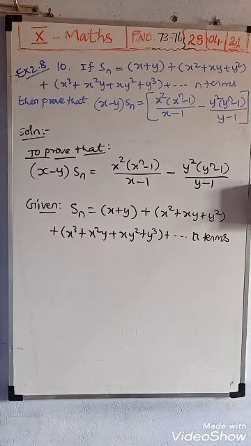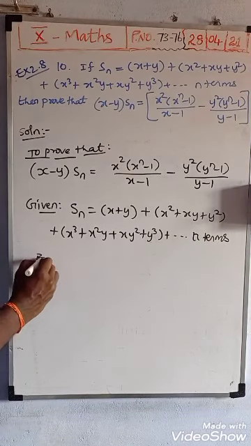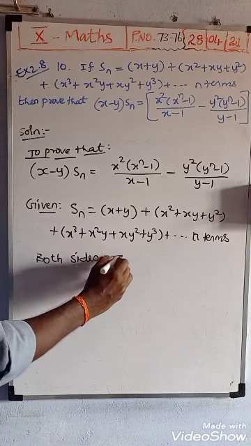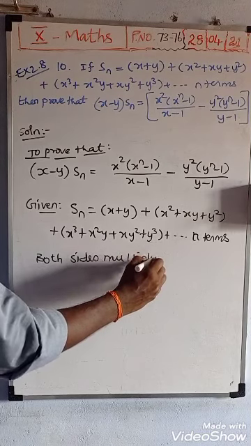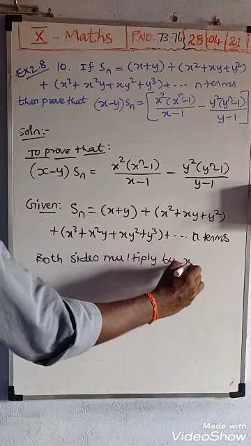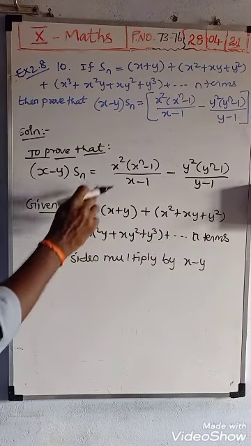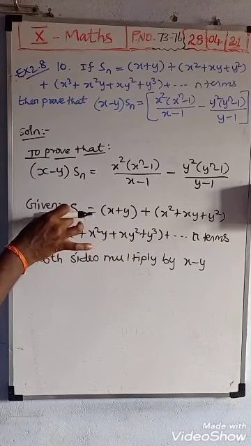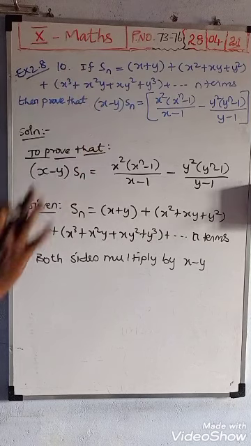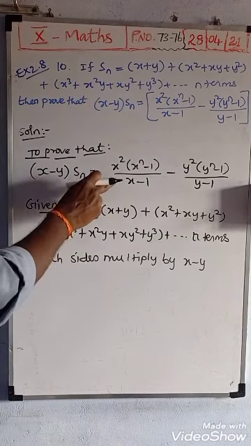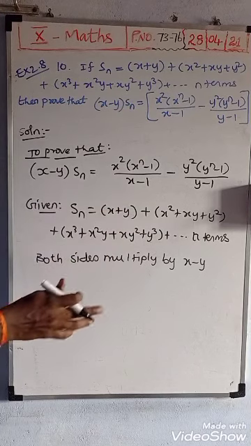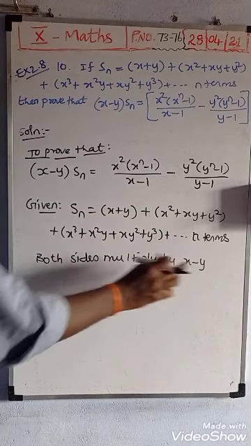Here we want to multiply both sides by x minus y, because Sn is multiplied with x minus y. So using Sn given only, we can get the right hand side answer. So on the LHS and RHS, we multiply both sides by x minus y.